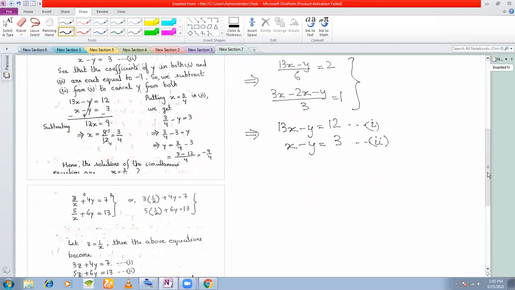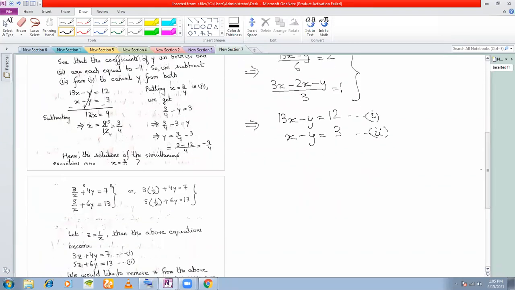Now you call this 1 and you call this 2. Okay. Now what you see here, there's the stage comes where you observe these two equations. What you see here is that the coefficient of y here is -1, right? And the coefficient of y here is also -1. That means the coefficient of y is the same in both the equations. Now, therefore, in order to remove y, if I subtract the two equations, y will get cancelled.